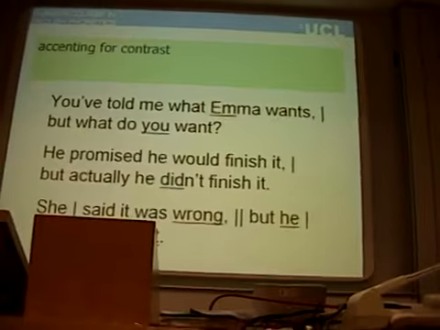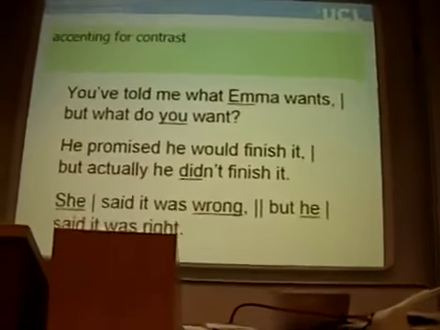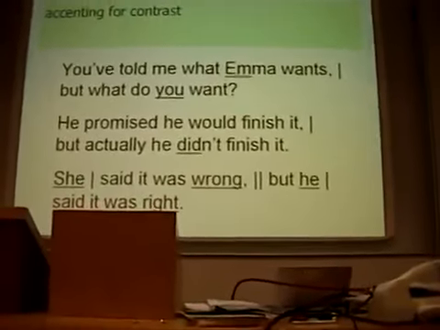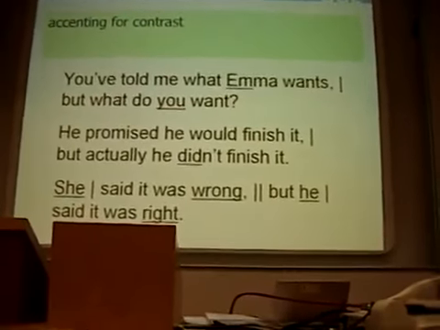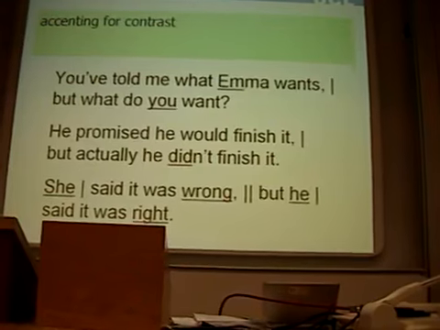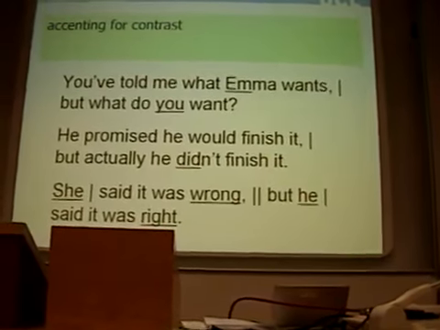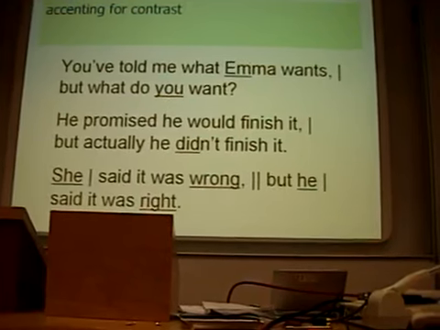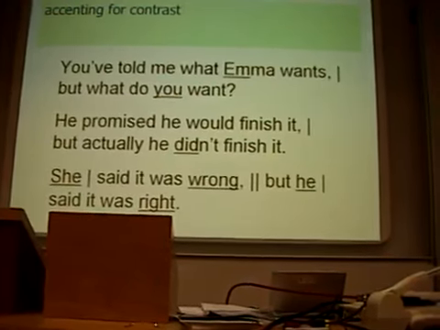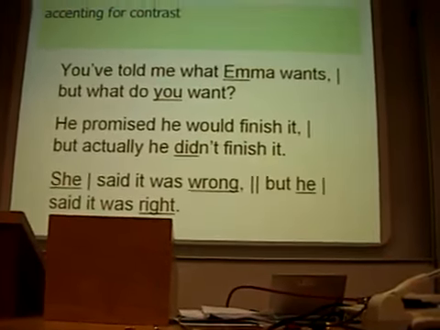On the contrary, we put the nucleus on the words that are not repeated, the words where there is a contrast. You've told me what Emma wants. What do you want? Contrast between Emma and you. He promised he'd finish it, but actually he didn't finish it. What's the contrast here? It's a contrast of tense and polarity.